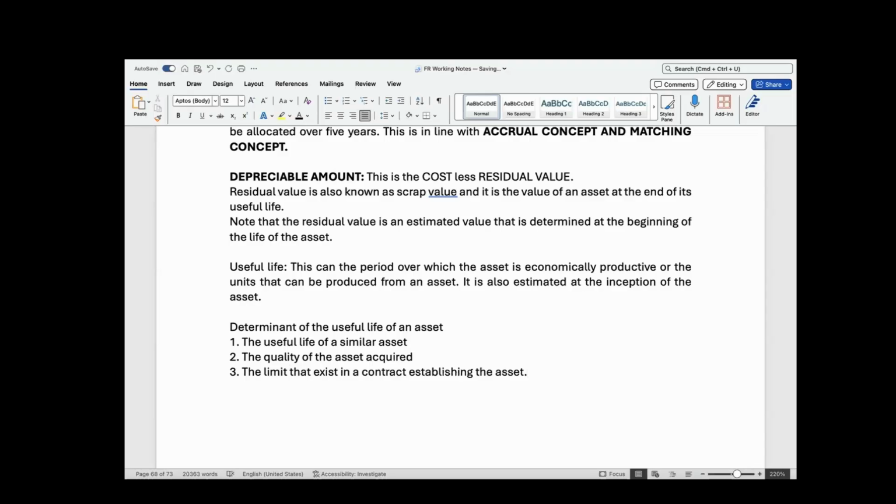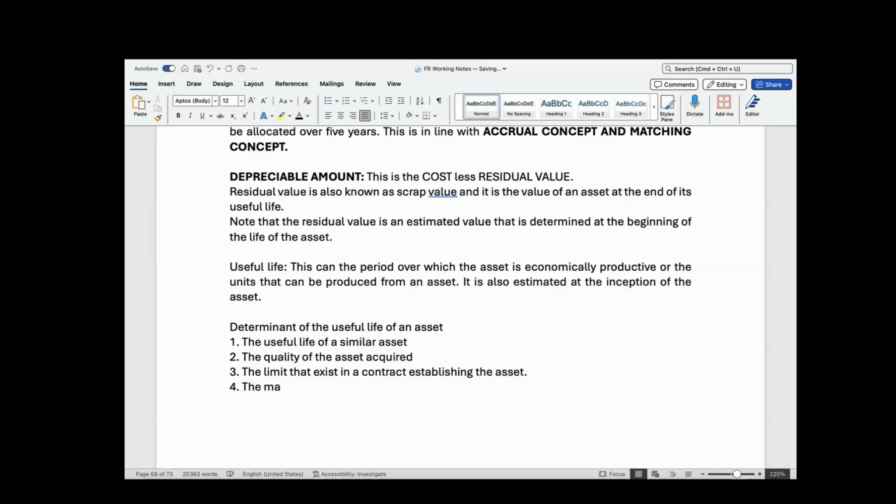So there are some assets that you have already agreed that you would use it for 5 years, or you will use it for 10 years, or whatever limits that exist in a contract that establish the asset. Then that limit is the useful life.